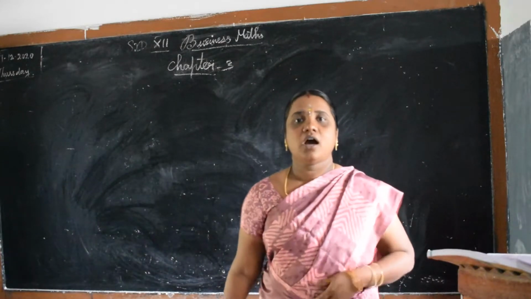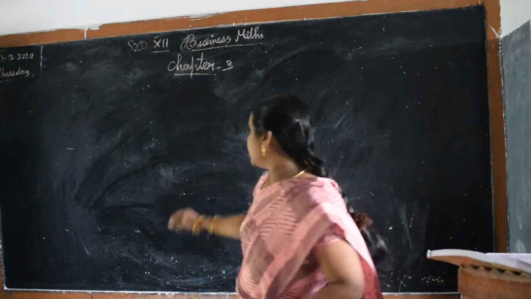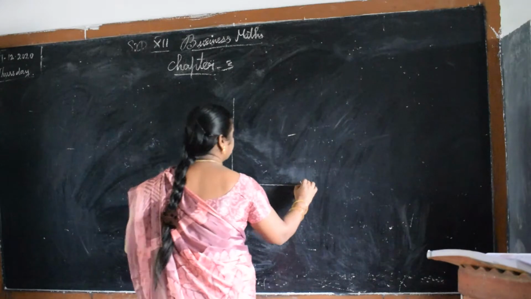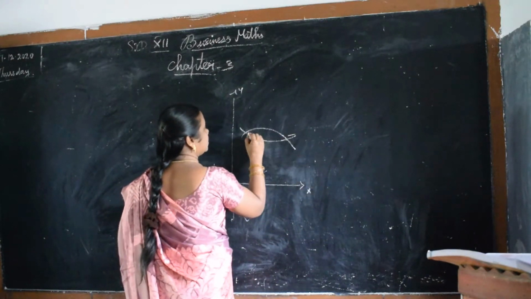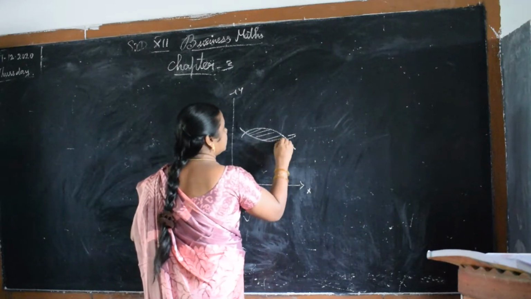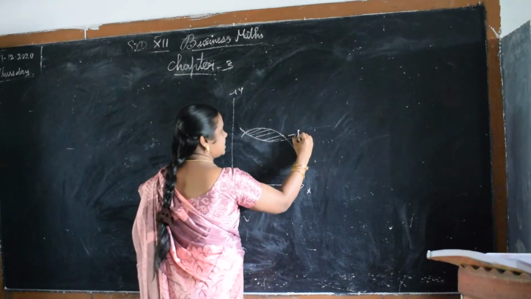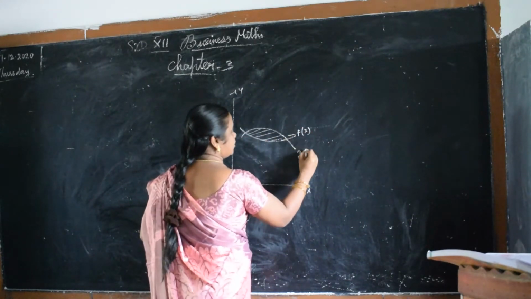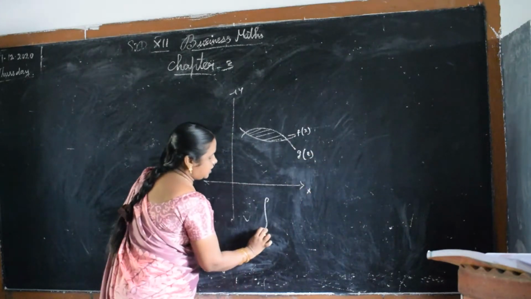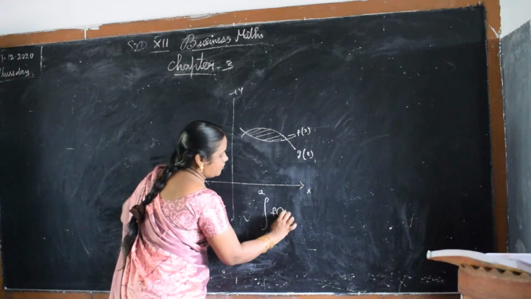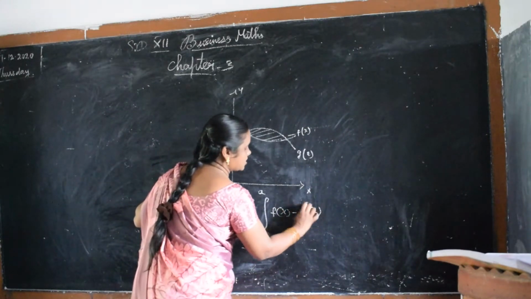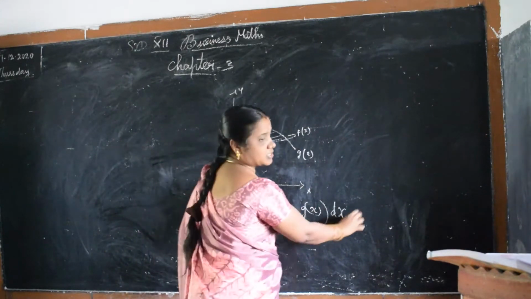Last thing is how you have to find the area between two curves. See here, this one you can write as f of x, and here g of x. The formula we can use is integral a to b of f of x minus g of x into dx.